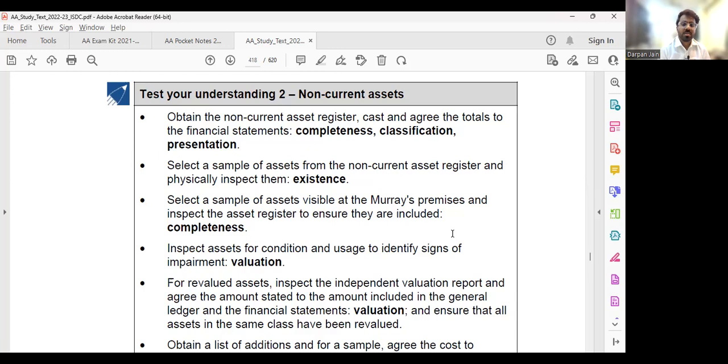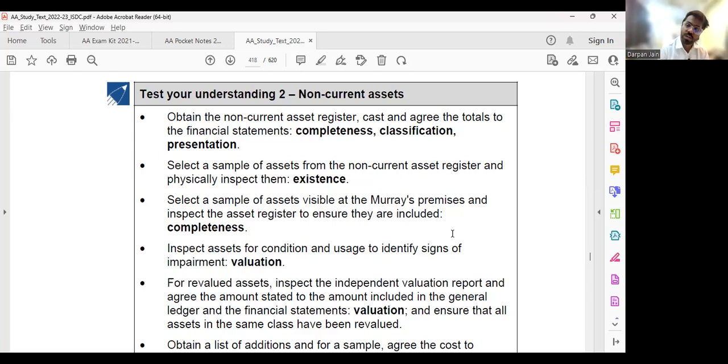Okay, next, select a sample of assets from the non-current asset register and physically inspect them. You're going to check existence. You're selecting a sample of assets from the non-current asset register and then going and physically inspecting them, physically seeing whether those exist or not. Next, you can do the reverse of it, right?